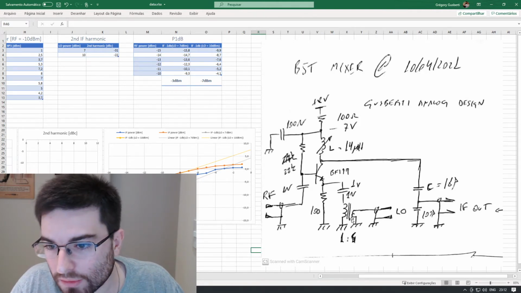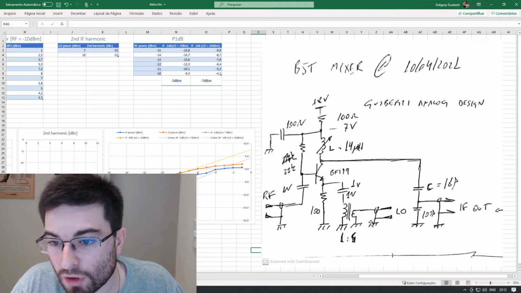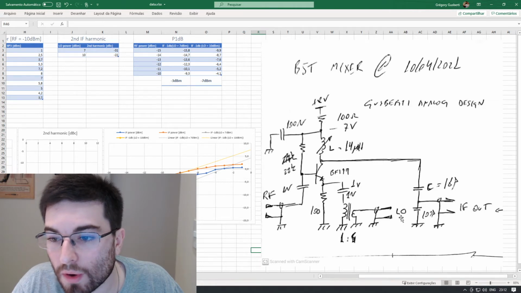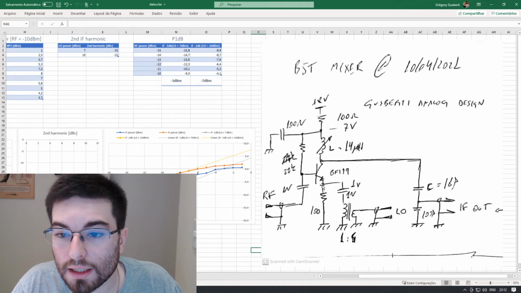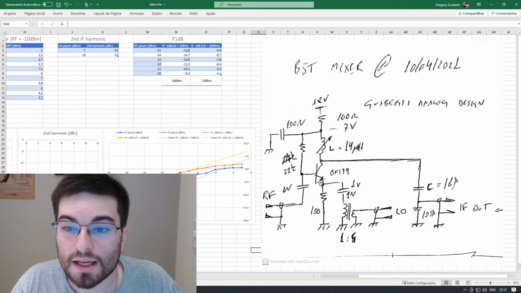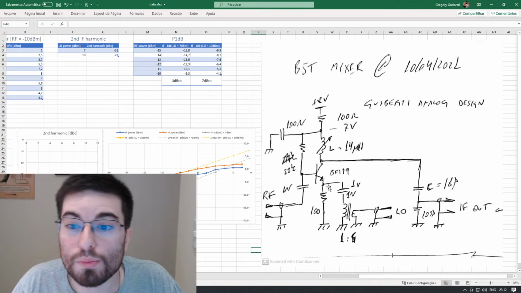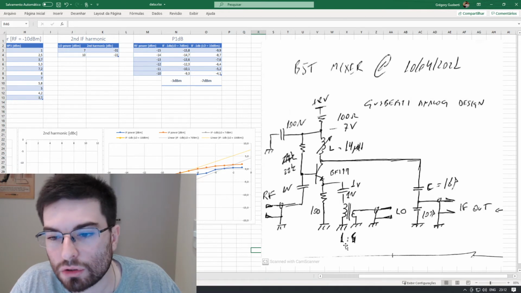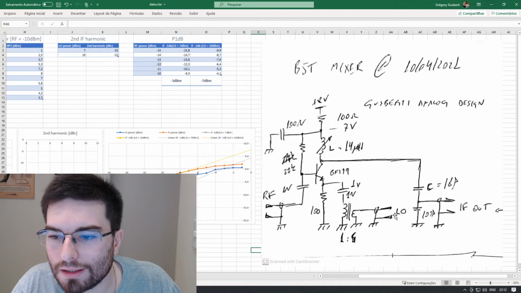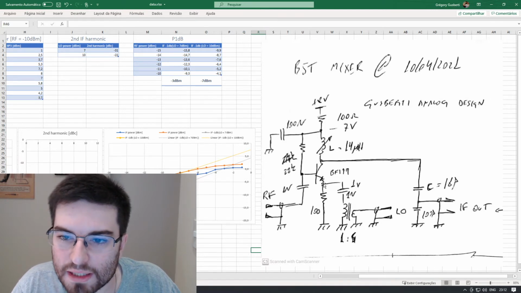Here I drew this transformer backwards, but this transformer I'm using to match the impedance of the 50 ohm LO to the emitter of the transistor, because the emitter junction, seen from the emitter side, will be very low impedance. So we have a 5-to-1 transformation here to decrease the impedance of the LO to excite the emitter junction.